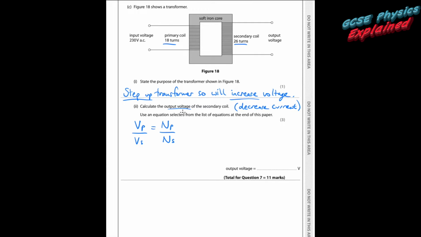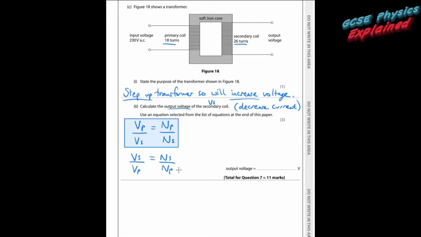Right, so we need to calculate the output voltage of the secondary coil, which is Vs. What I'm going to do is flip this. If I flip this left hand side and flip the right, that means I can get Vs on the top. Remember, whatever you do to the left hand side, as long as you do the same thing to the right hand side, they'll still equal each other.